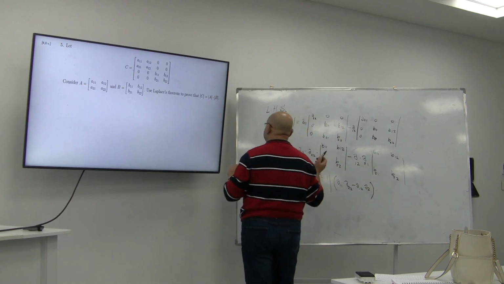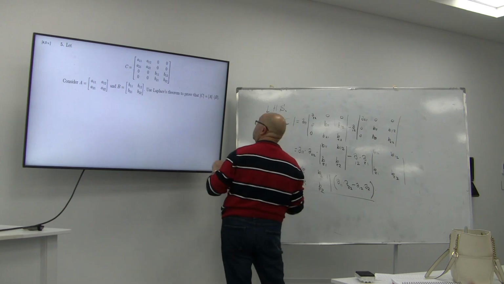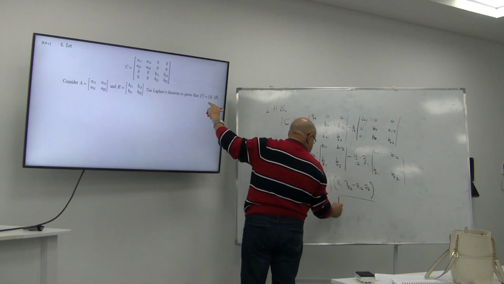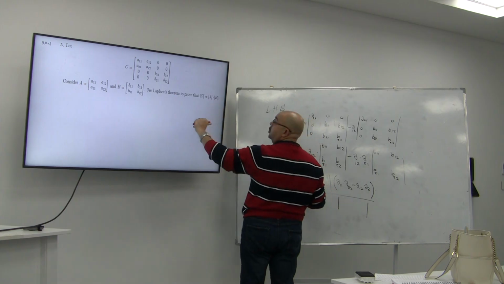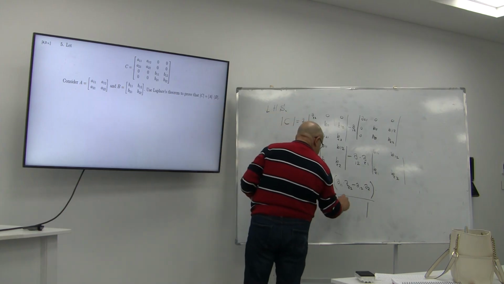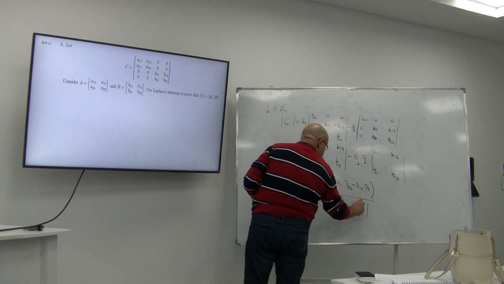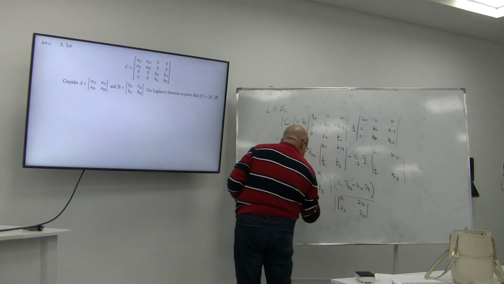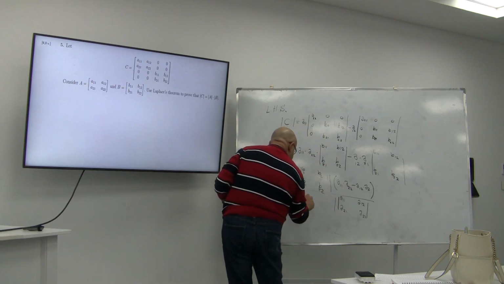This is what I've got, and this is what we proved. This value is the determinant of A, which is A11 A22 minus A12 A21, exactly like he wanted.